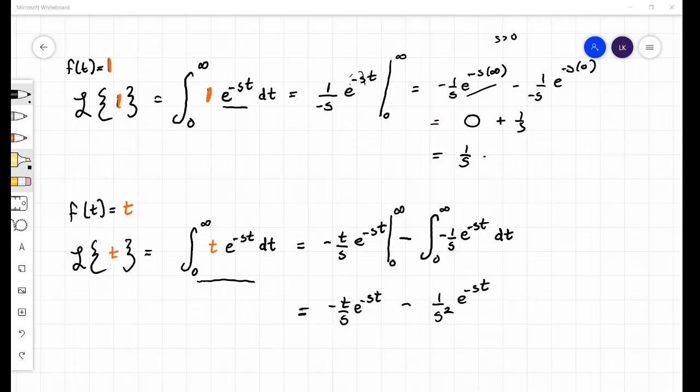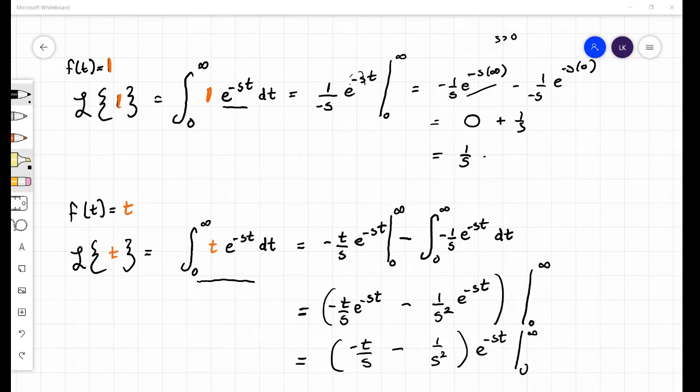Find the antiderivative of the remaining integral. And we have a polynomial in t times some decaying exponential. So as t goes to infinity, the decaying exponential wins out over the growing polynomial. So at the upper bound we get 0. Then minus at the lower bound t is 0, so we're left with 1 over s squared.